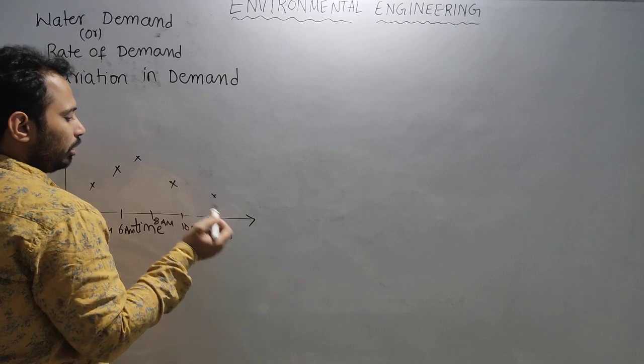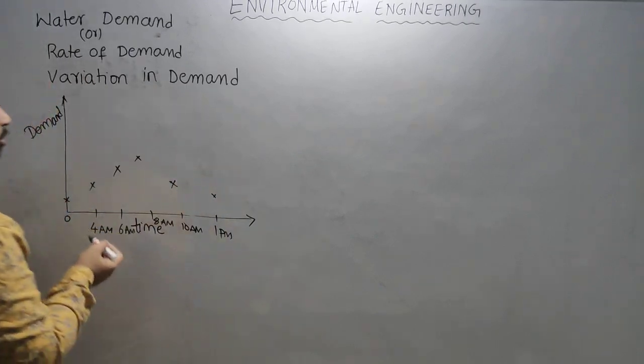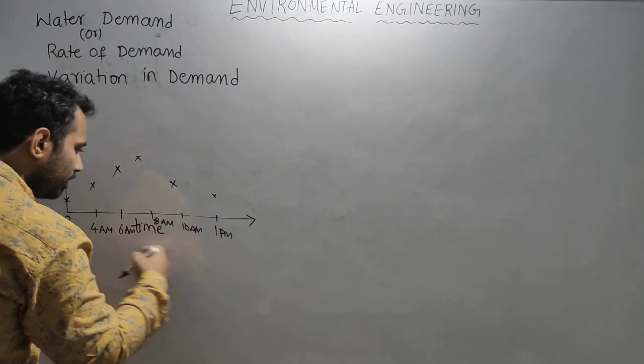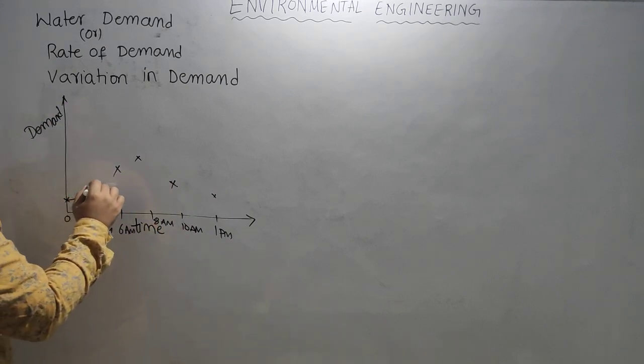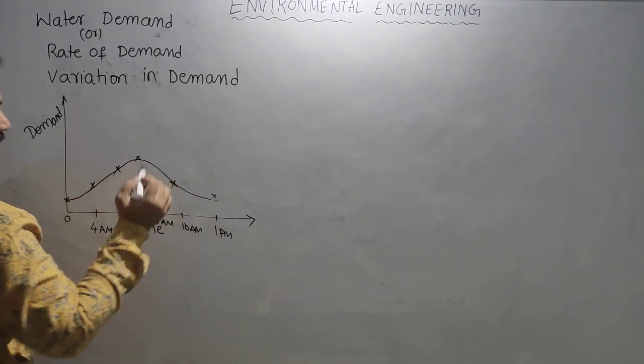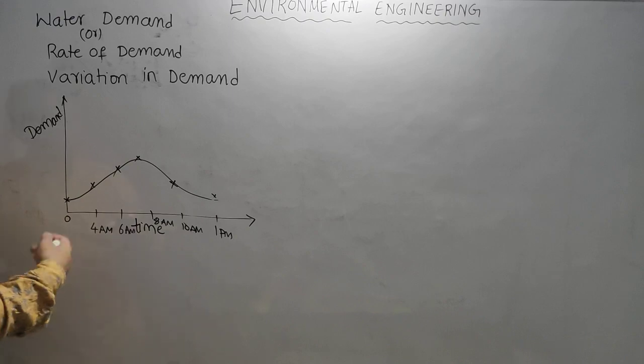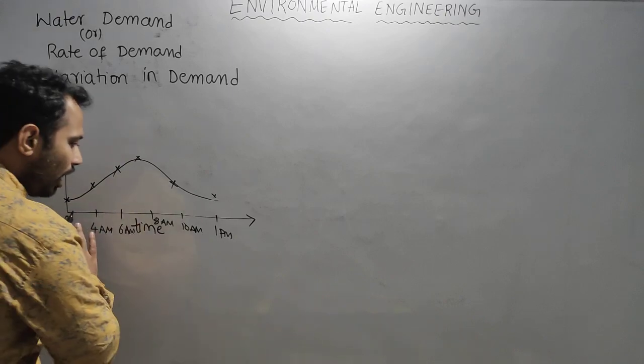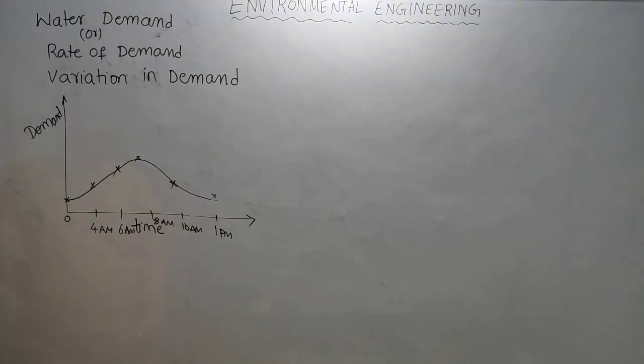So if you look at a number of hours, the demand is not constant, it is varying. This is a simple example of hourly variation. Similarly, Saturday is a weekend, so you may wash clothes, clean your home, because of which the water consumption will increase.